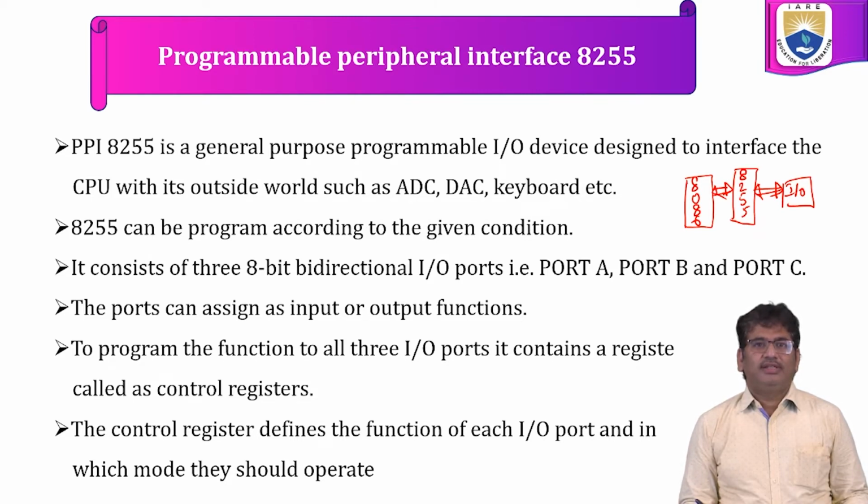The second one is I/O mode, in which we can configure ports A, B, C depending upon the mode of selection, as input or output ports. The control register defines the function of each I/O port and in which mode they should operate.